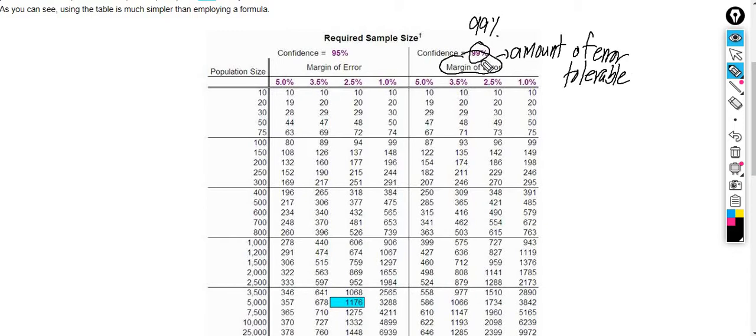Even though our survey would be 99% consistent, since it's a sample, the actual answers might have a 5% chance of having an error, a 3.5% chance, a 2.5% chance, or a 1% chance of having an error, all because remember that this is from a sample.